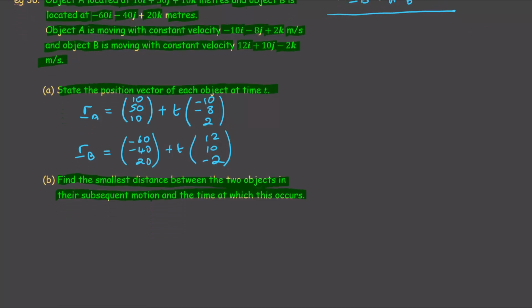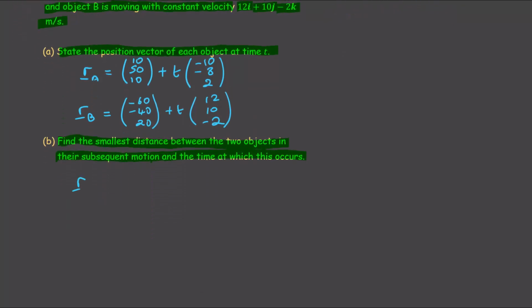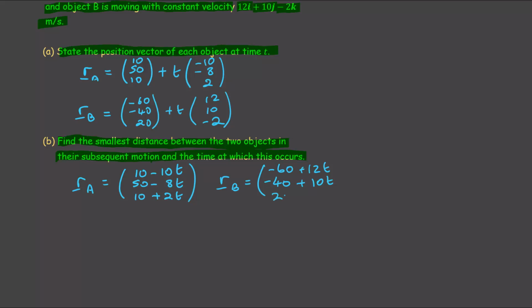So let's write RA as 10 minus 10t, 50 minus 8t, and 10 plus 2t. And then let's write RB as negative 60 plus 12t, negative 40 plus 10t, and 20 minus 2t.